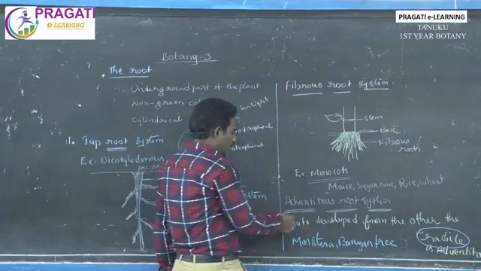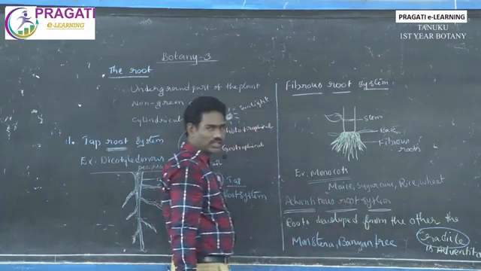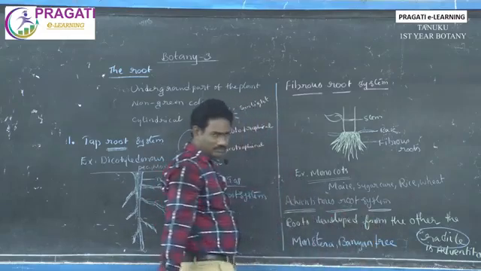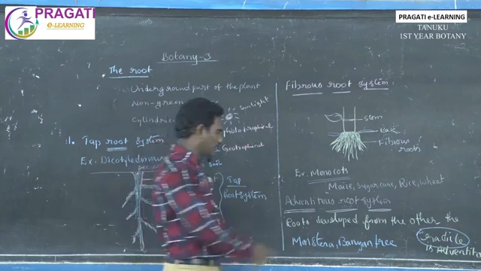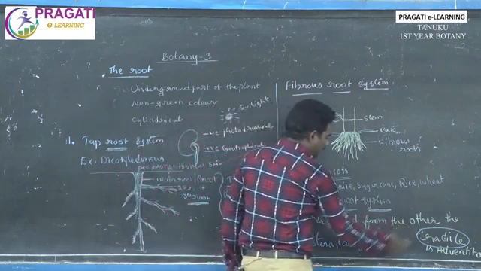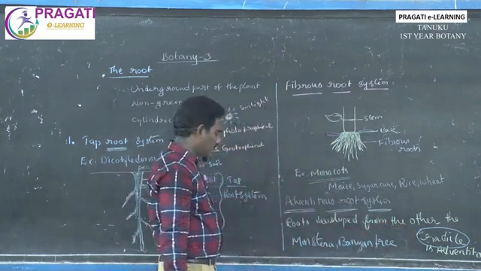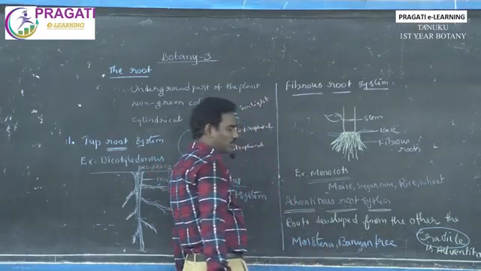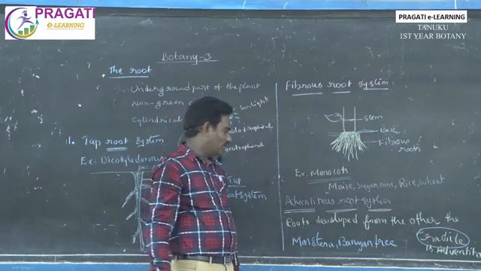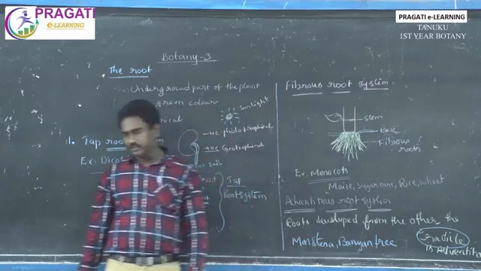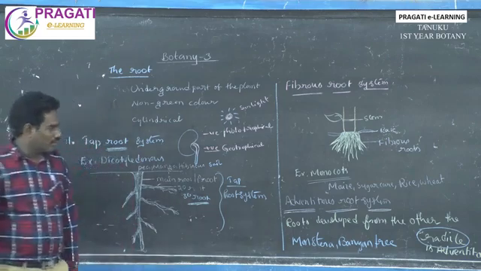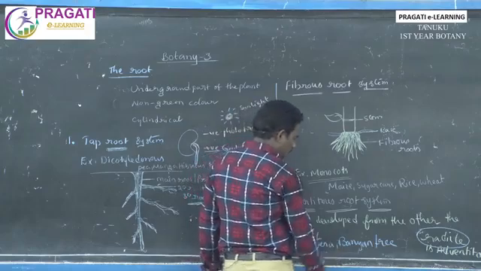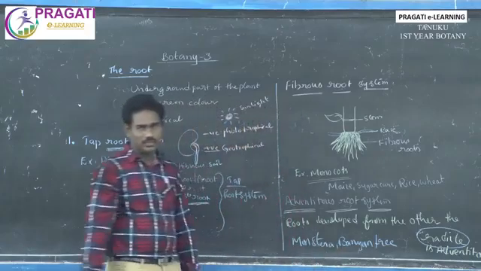Next, the adventitious root system. The roots developed from parts other than the radicle are called adventitious roots. Example, monstera and banyan plants. Other than the radicle means other plant parts, that is, these plants produce roots from the stem.